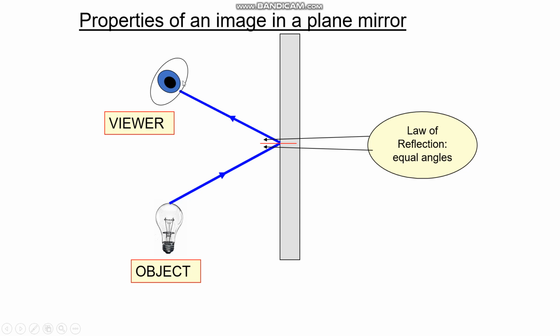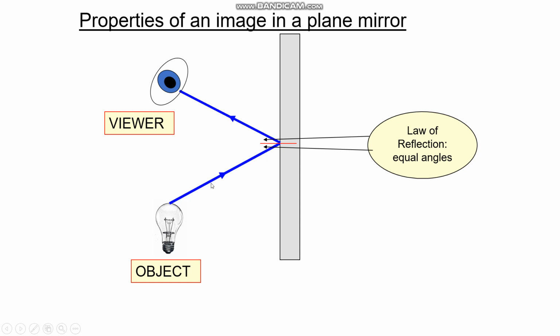Now it could go straight into his eye like that, but we're going to use a mirror here. So a ray of light might come from the top of the object, hit the mirror and bounce off. Now if this is a perfectly smooth mirror, then the first law of reflection applies. The angle of incidence is equal to the angle of reflection. You've got this perfect letter V there.